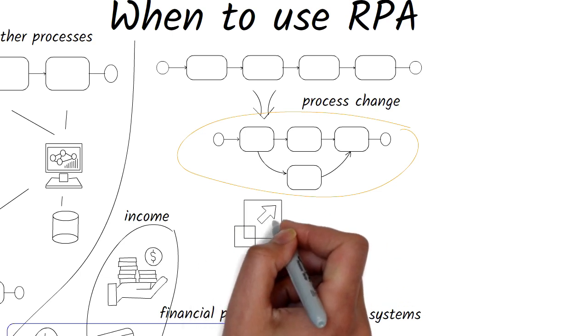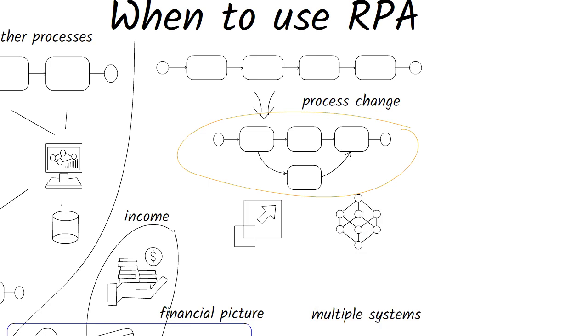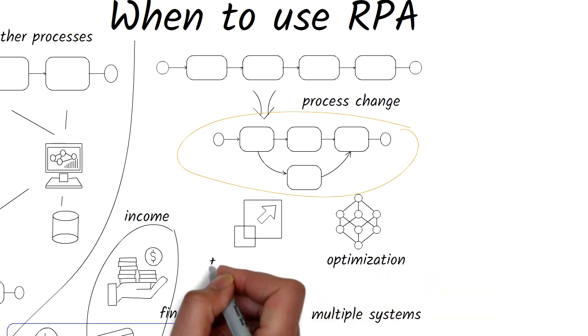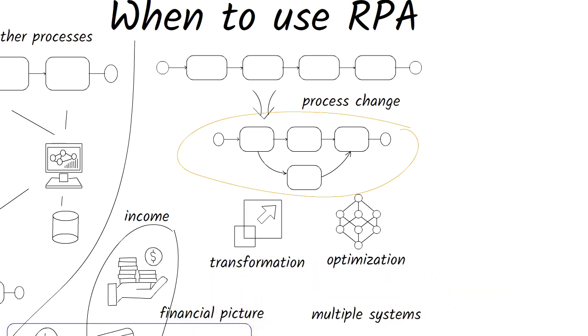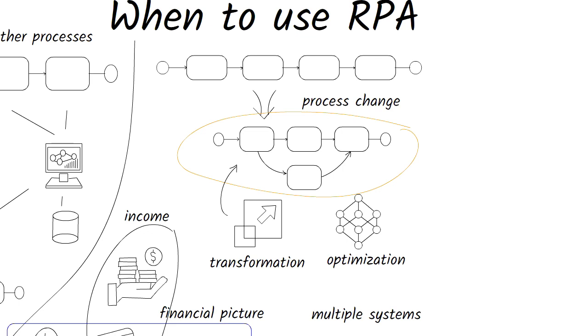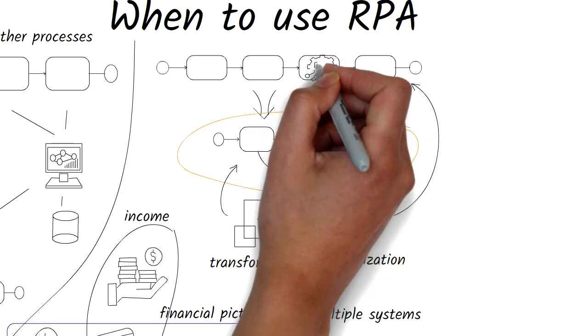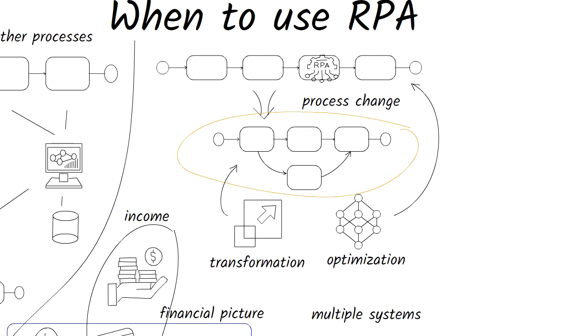To change or create a new loan application process, the bank should take a business transformation perspective as opposed to a process optimization perspective. In the first case, you would redesign the customer experience and the associated processes and re-implement many aspects of it. In the second case, you could use RPA to make the current processes faster.